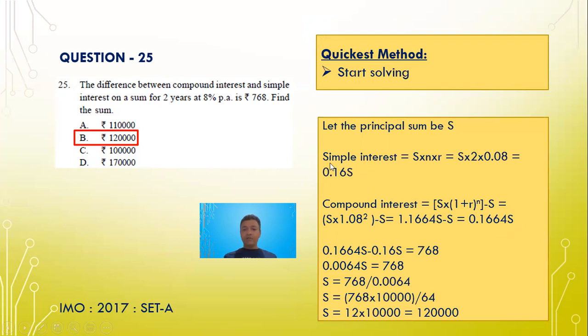Simple interest is 0.16 S. Difference is 768. So 0.1664 S minus 0.16 S is 768. So 0.1664 minus 0.16 is 0.0064 S, which is 768, isn't it? So S will be 768 upon 0.0064.